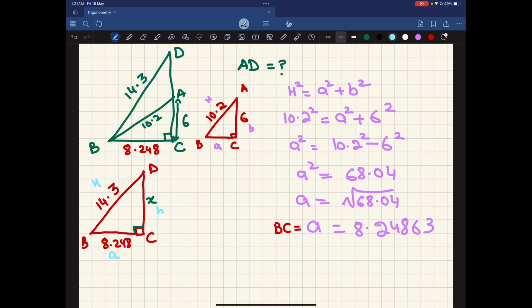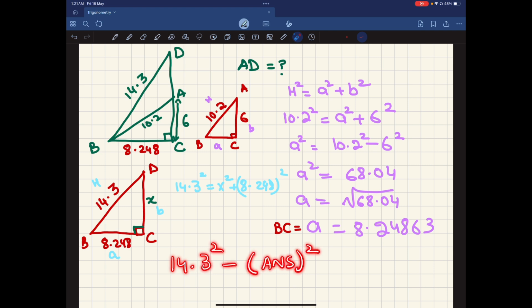Hypotenuse, and this is A and B. So 14.3 squared is x squared plus 8.248 squared. Since you're going to have this value on your calculators already, you can just enter this on your calculator. So 14.3 squared minus brackets answer squared. So this is going to give you the most accurate answer.